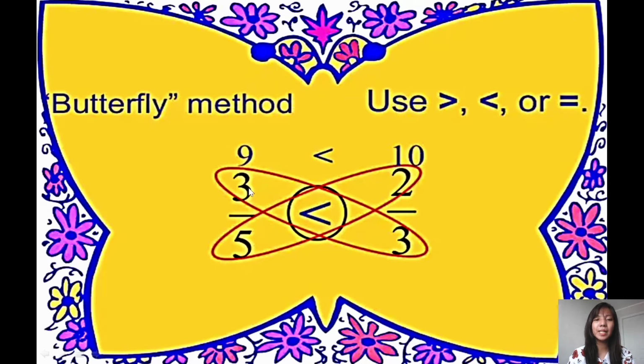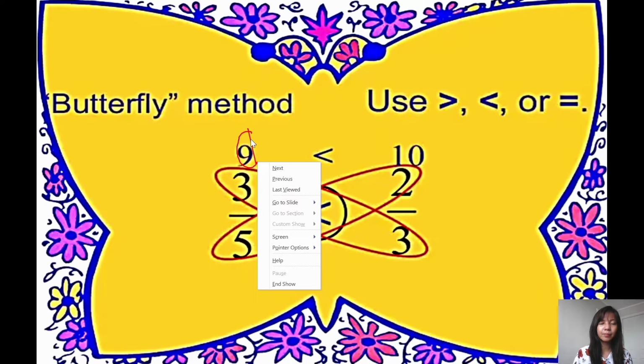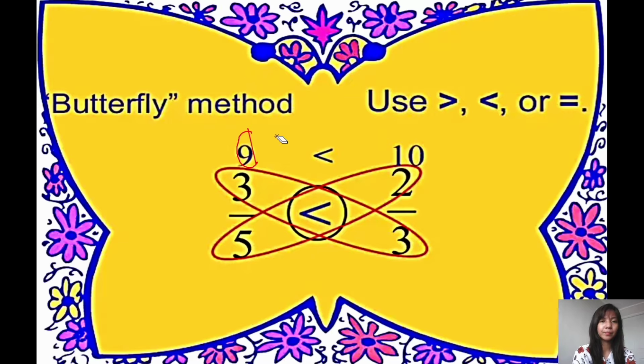So 3, numerator times denominator. So 3 times 3 is 9. And then 5 times 2 is 10.